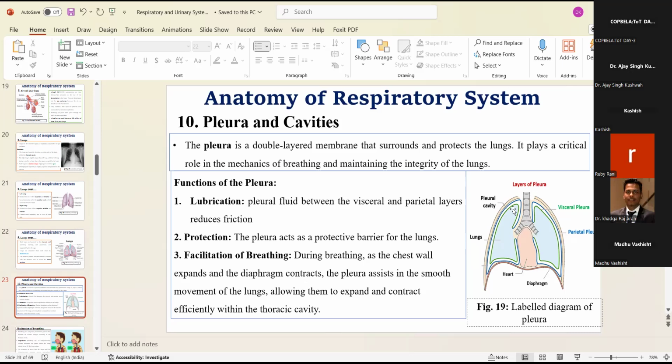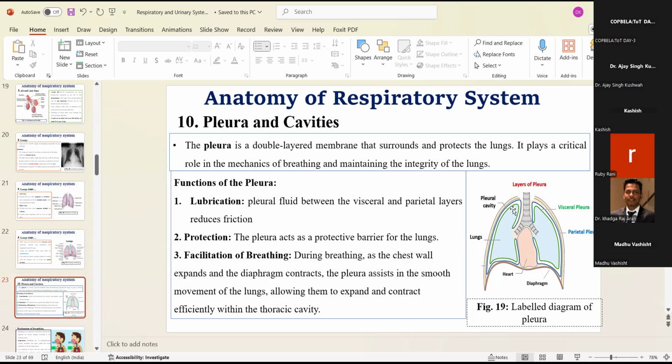So what are the functions of the pleura? First, it provides protection to the lungs, because the pleura acts as a protective barrier. Second, the fluid present between the visceral and parietal pleura is responsible for reducing friction. And third, the pleura facilitates breathing.